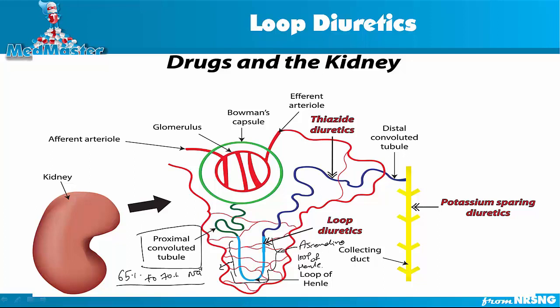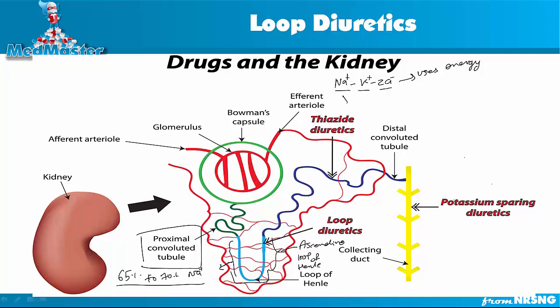In the ascending loop of Henle, there is a pump. It's called Na plus, K plus, 2Cl minus. This pump uses energy to reabsorb sodium, potassium, and chloride back to the blood.